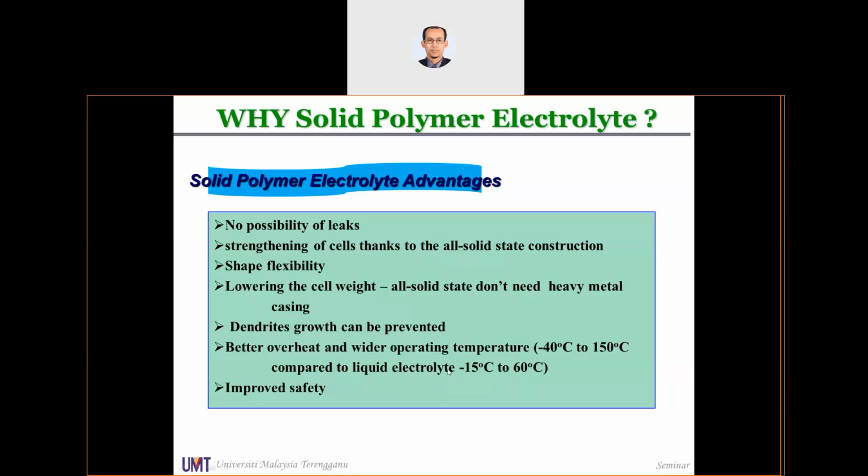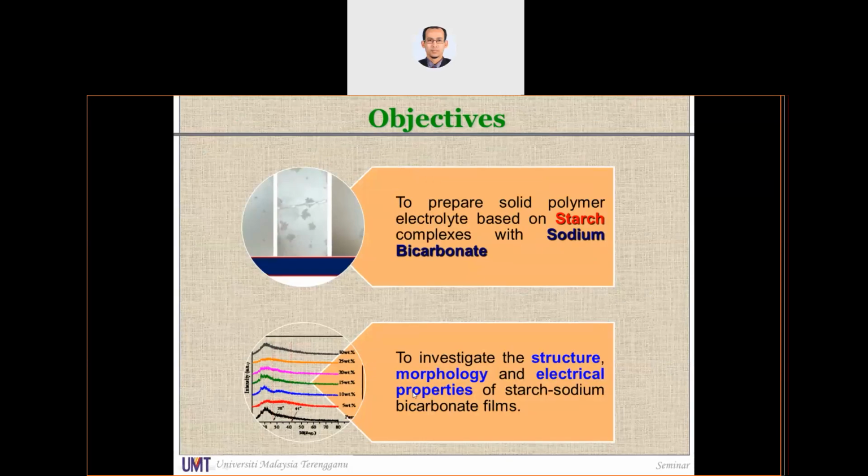And the last one, it can improve the safety of the cell itself during electrochemical reactions. So over here we have developed two objectives. The first one is to get the solid-state film, and then their structural, morphology, and electrical property will be investigated based on the selected techniques.